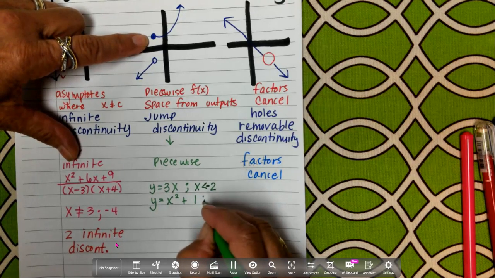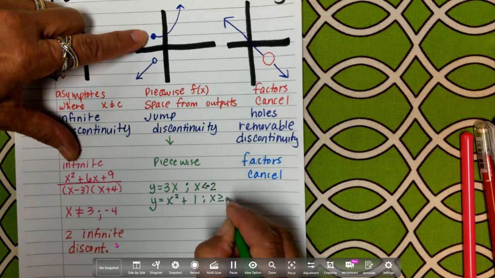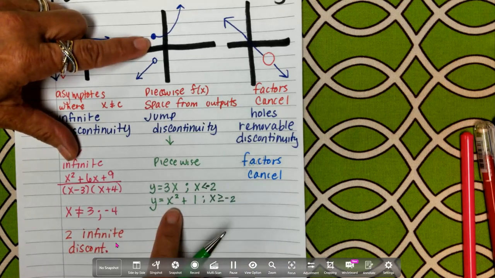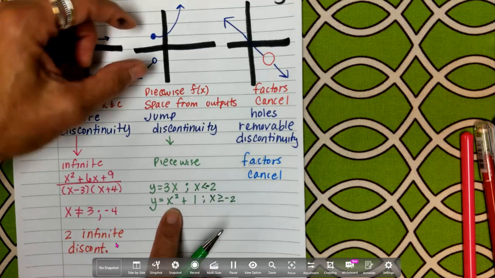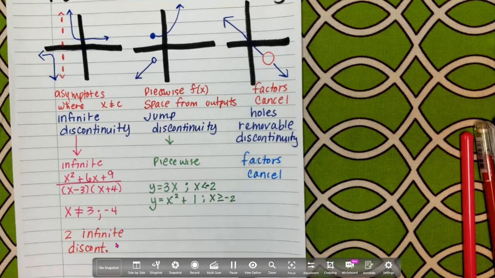So for the parabola, notice it's filled in. So I want my x values to be greater than or equal to negative 2. And my outputs are going to be different. They're not going to be the same for sure. But if you notice, that's going to create that jump because of those y outputs, those values.